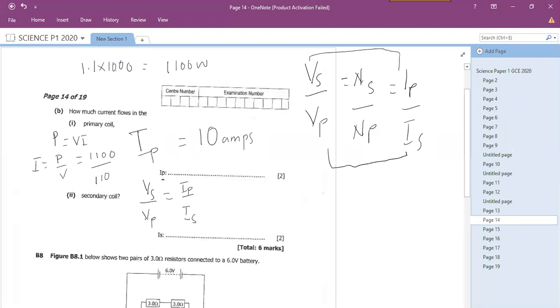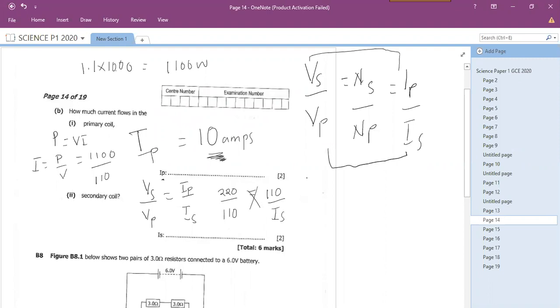We substitute the voltage in the secondary coil, which was 220 volts, divided by the voltage in the primary coil, which was 110, equivalent to the current we just found in the primary coil, which is 10 amps, and we now want to find the current in the secondary coil.